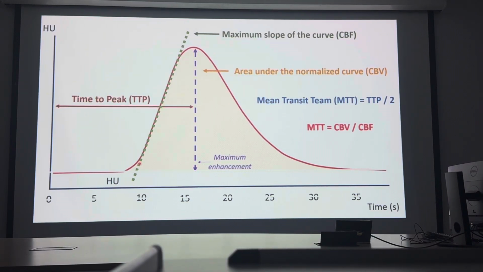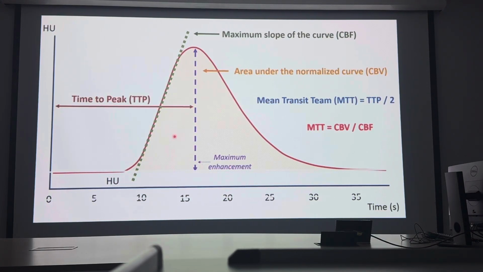This is the represented wave of the tissue, the capillary network, as density versus time. The area under the curve represents the cerebral blood volume, and the high slope of the curve from the bottom to the top of enhancement represents the cerebral blood flow. And if we remember the equation, cerebral blood flow equals volume over time, we can calculate the mean transit time by dividing the cerebral blood volume over the flow.